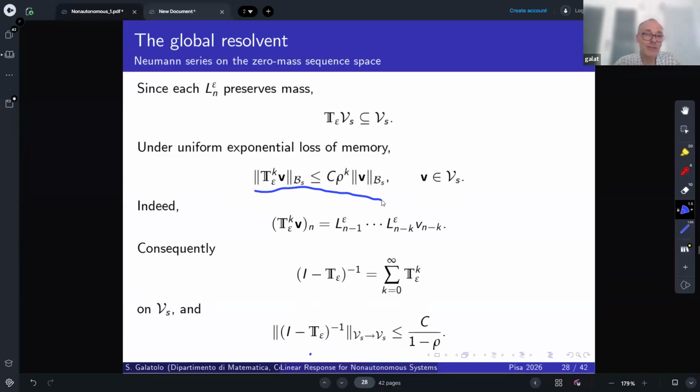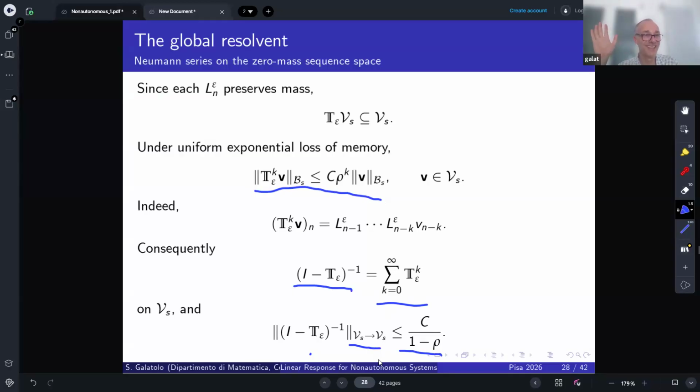Directly from this, of course, the spectral radius is smaller than 1. And from this you can define the resolvent by the usual Neumann series. And you can prove that this is a bounded operator in this space, with the small L infinity topology in the sequence space. You are right.